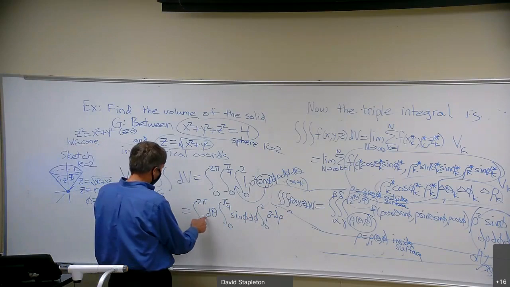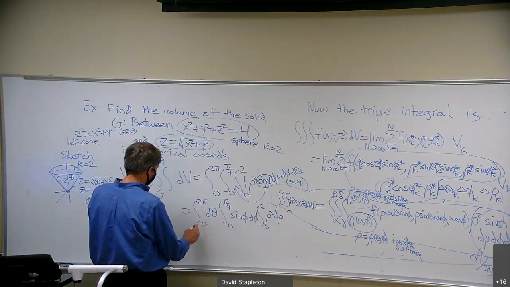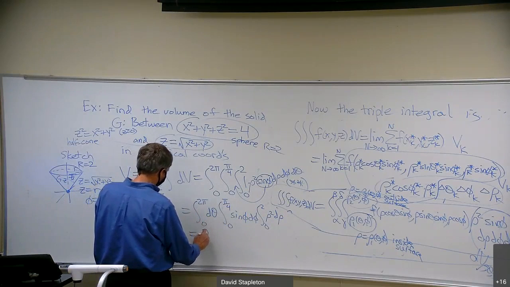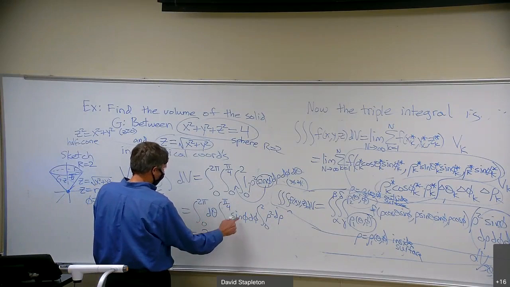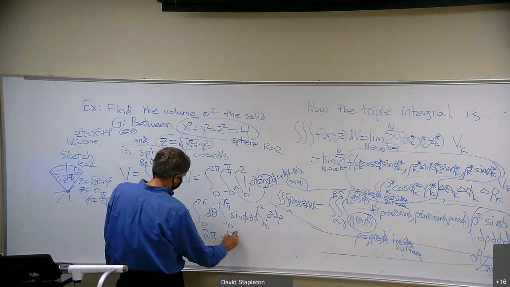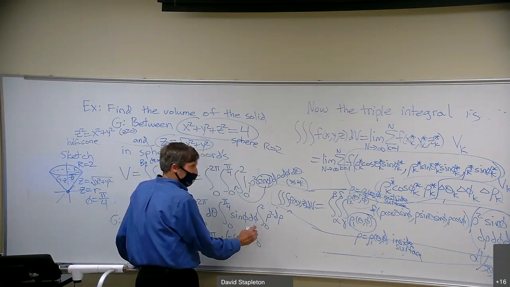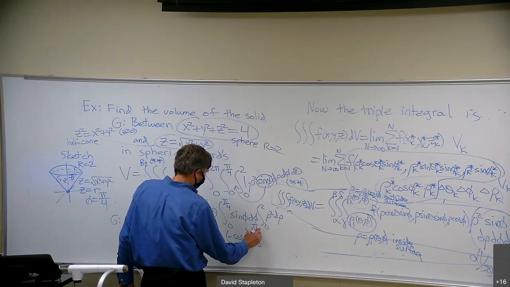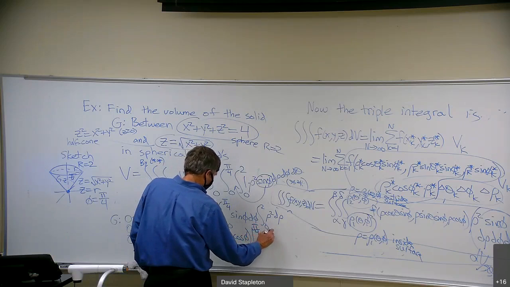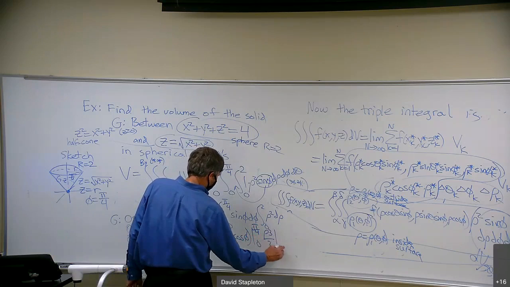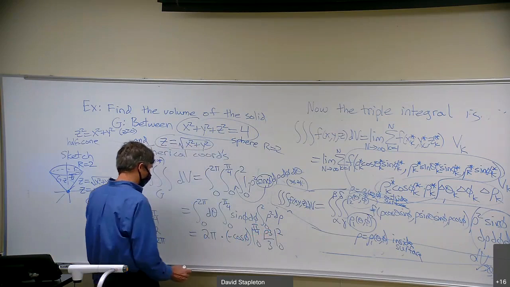Now this one is just theta evaluated at 2 pi, and taking the difference gives 2 pi. The integral of sine phi is minus cosine phi. Plug in 0 and pi over 4 and take the difference. And then this one is rho cubed over 3. Plug in 0 and 2 and take the difference.